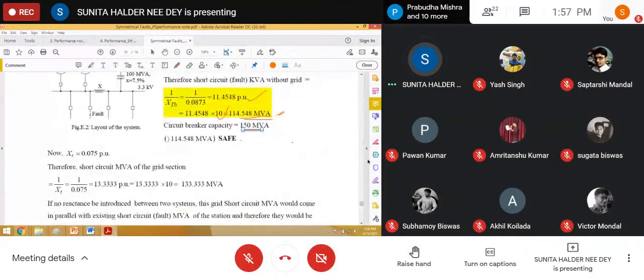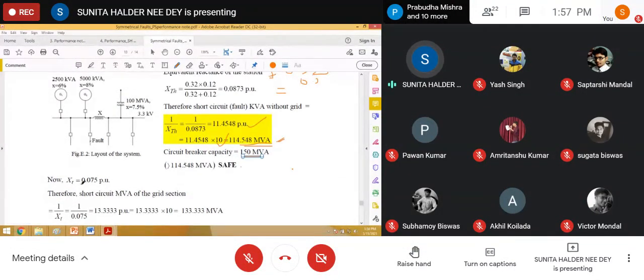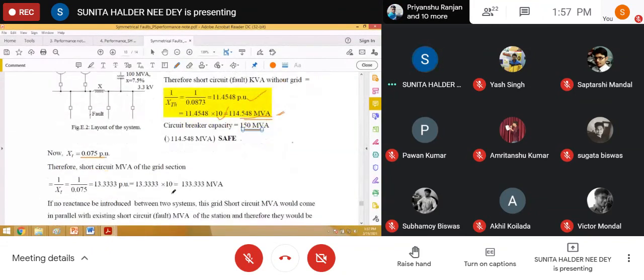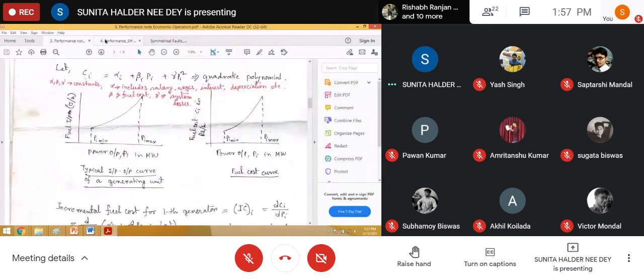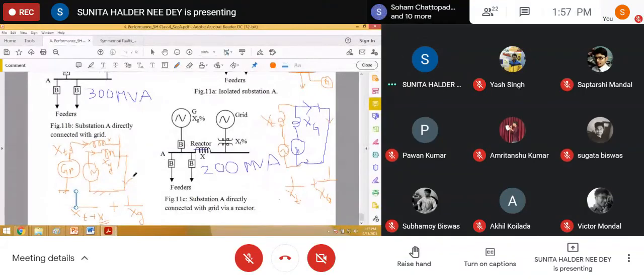So this is right. Then there is connection of grid, with transformer reactance this much. Then short circuit current added will be this much, so this much MVA will be added to this one. If you can follow this one, then when we have added the transformer, that transformer current was added with the fault current.